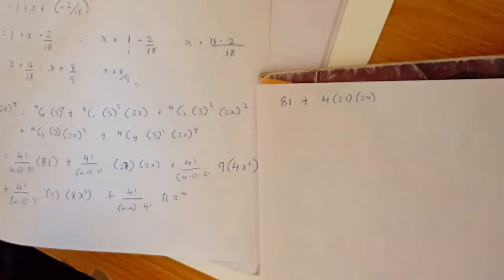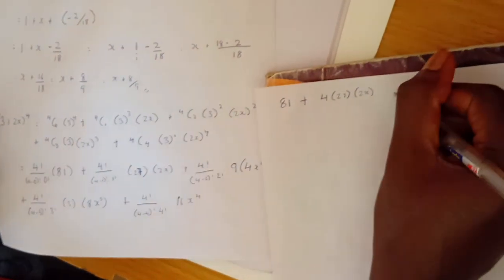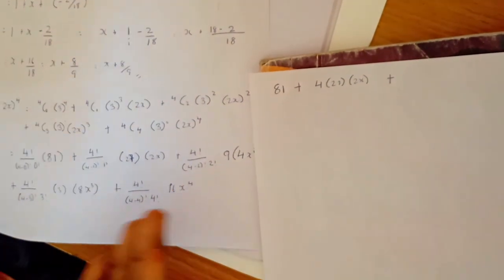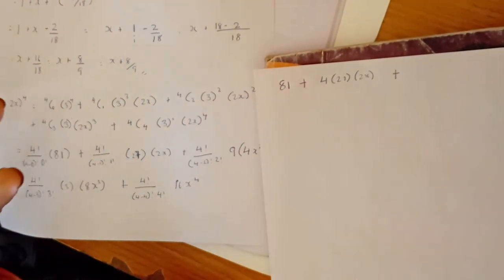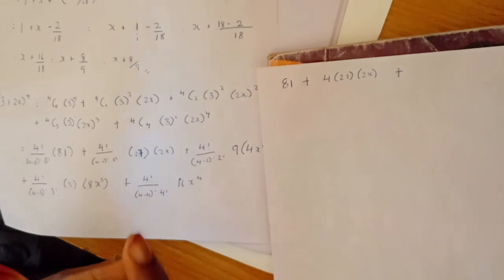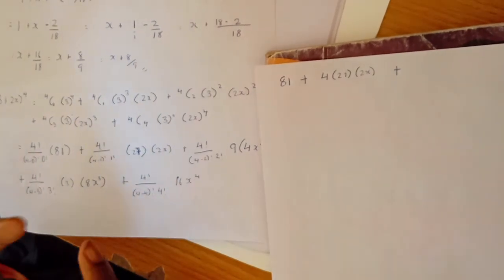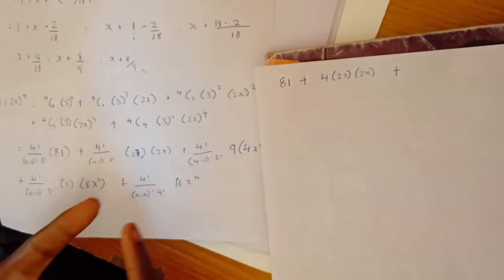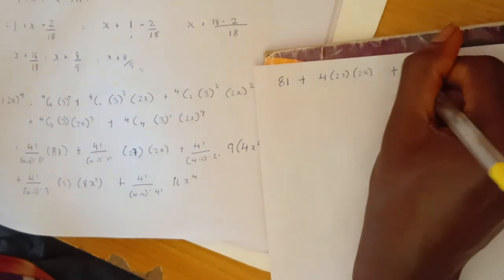You can actually verify all these answers. And 4 factorial, 4 minus 2 factorial, that is 2 factorial. 4 times 3 times 2 factorial, 2 factorial is cancelled out by 2 factorial. So we have 4 times 3 divided by 2 factorial, that is 12 divided by 2, and we have 6.